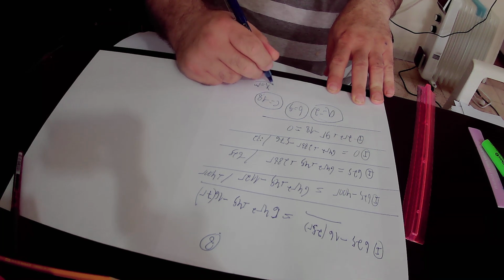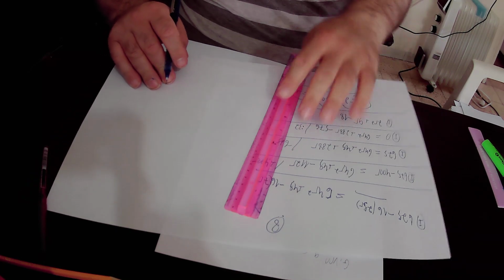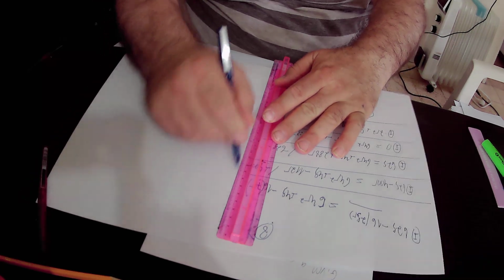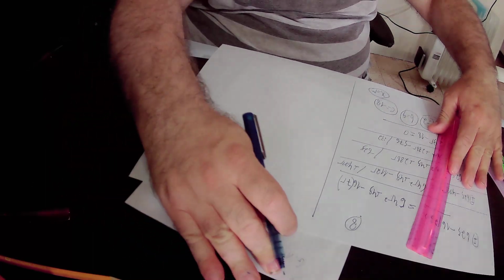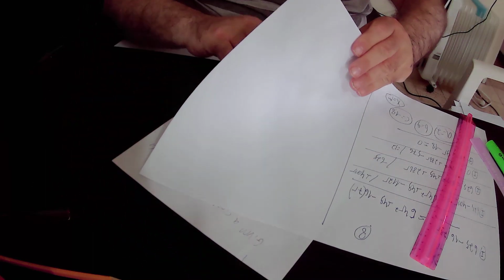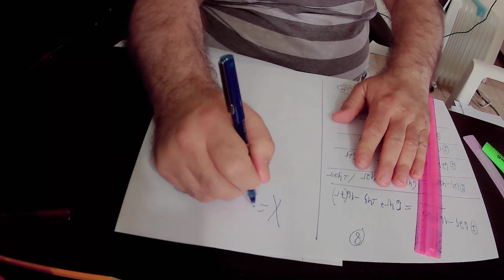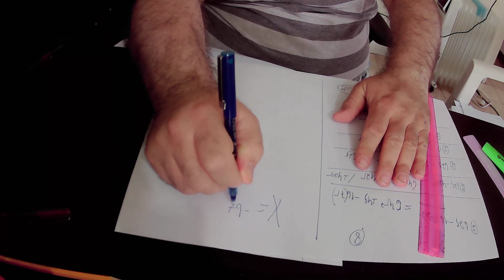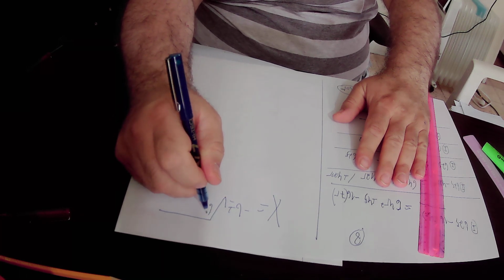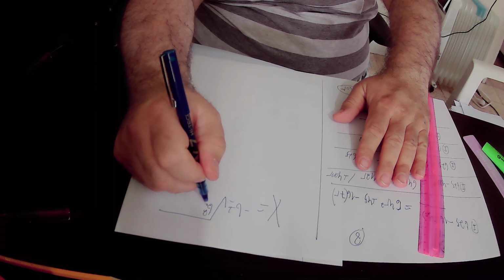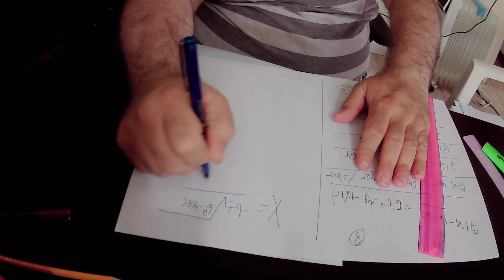And the general formula for solving a quadratic equation is x equals minus B plus minus square root of B squared minus 4 times A times C, over 2A.